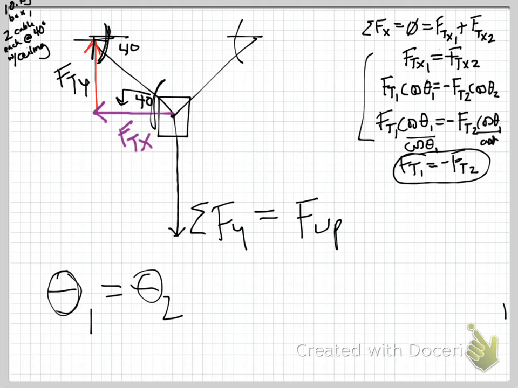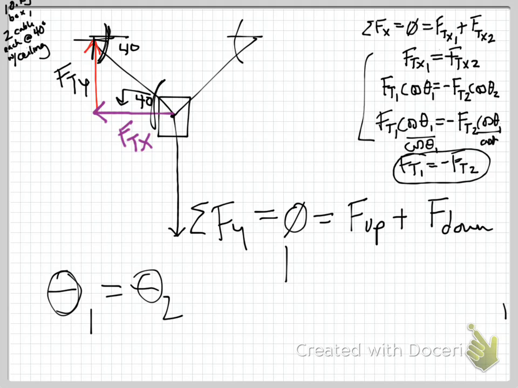Well, first of all, it's not moving, so sum of forces on the y equals what? 0. And we know that that's equal to all the forces up plus all the forces down. Okay, seems easy enough. So what that further means is that the forces up are equal to the negative of the forces down.